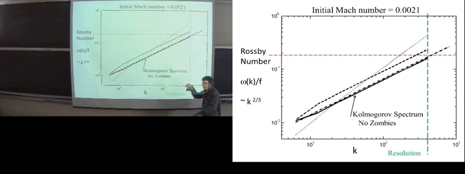In fact, you do the calculation, and you can show that the Mach number, the velocity divided by the speed of sound, needed to go unstable is basically 1 over the square root of the Reynolds number. A typical Reynolds number that people talk about for turbulence is 10 to the 12th, so the Mach number is 10 to the minus 6. So yes, it's not a linear instability, but it sure doesn't need much finite magnitude.